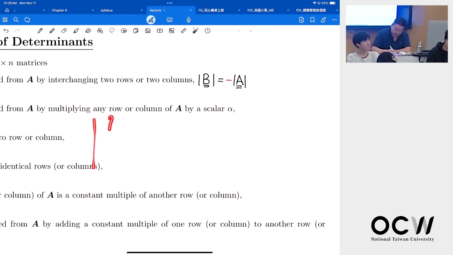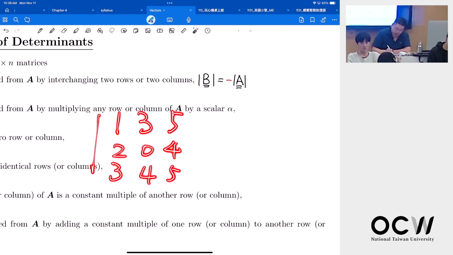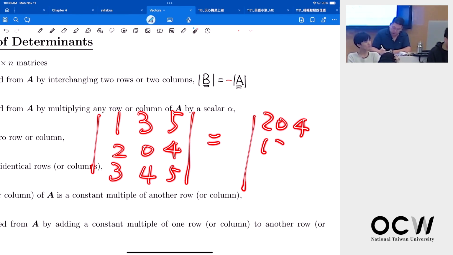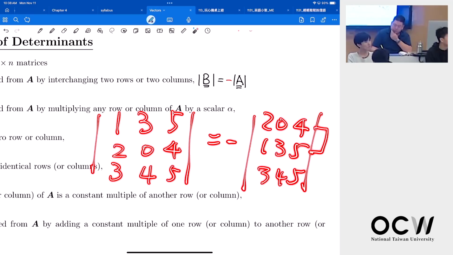So like 1, 1, 3, 5, 2, 0, 4, 3, 4, 5. And if I change 2 rows, 2, 0, 4, 1, 1, 3, 5, 3, 4, 5. I change the first and the second row, then I should have a minus sign.